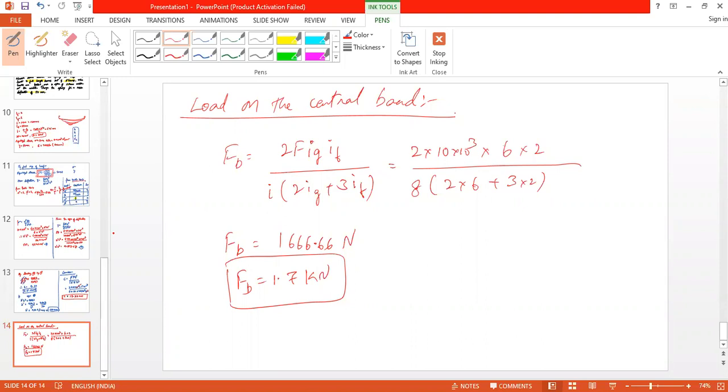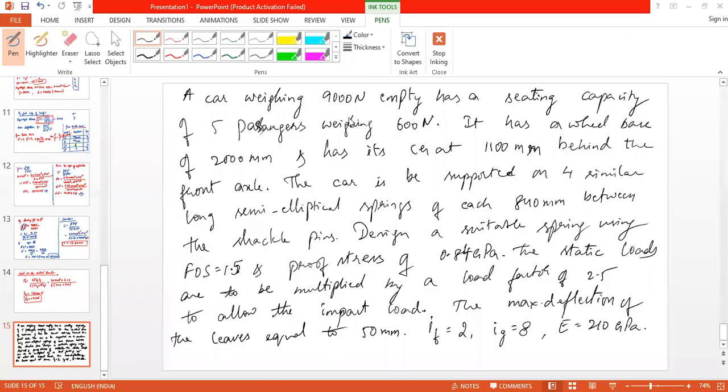Any doubt? No, sir. Okay, a car weighing 9000 Newton empty has a seating capacity of 5 passengers weighing 600 Newton each. It has a wheelbase of 2000 mm and has a CG, that is center of gravity, at 1100 mm behind the front axle.